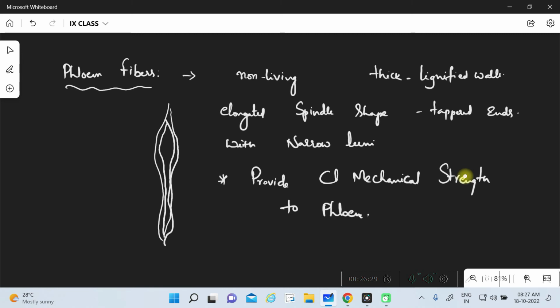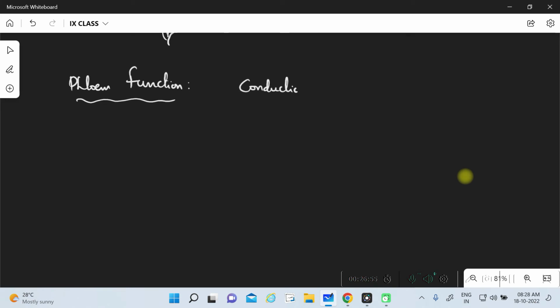So this is the answer regarding the phloem fibers. Now let me talk about the function of phloem tissue. We all know that the primary function of phloem tissue is in general conduction of food.